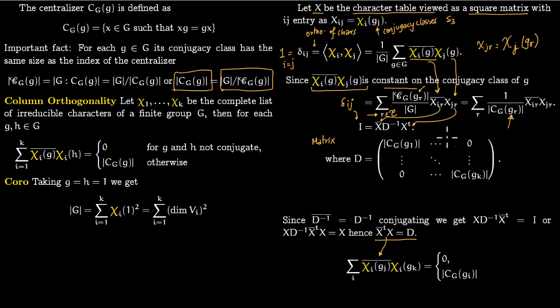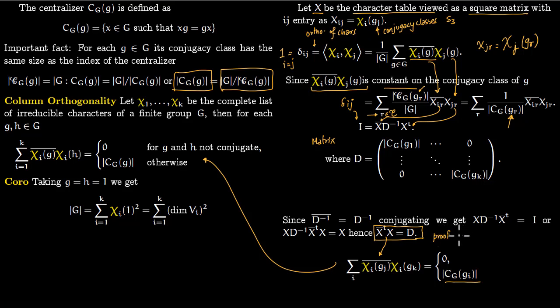This is 0 if you're not conjugate, you're not in the same conjugacy class, and if you're in the same conjugacy class, then it is this, which essentially is the proof of the theorem here. So if you're not conjugate, you are 0, and if you're on the diagonal, you're conjugate, then it is this. So we have to prove this, and that will result in the proof of the theorem.